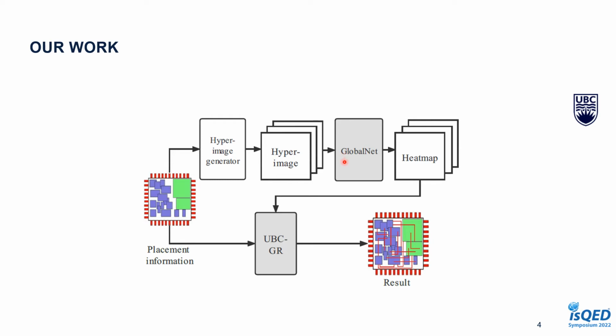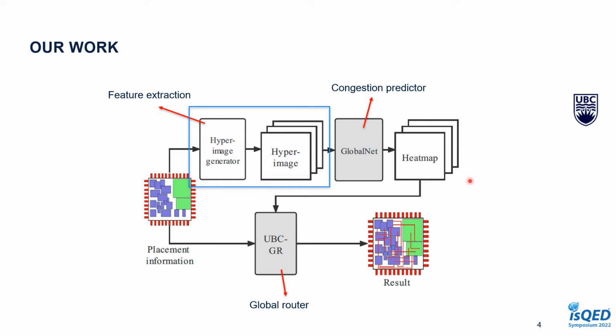And our proposed GlobalNet can predict the condition based on the hyperimage and generate some congestion heat maps, which describe the congestion level of a design. And our UBCGR can utilize this congestion heat map to get the routing results. Our contributions are mainly in 3 parts: 1, a feature extraction algorithm; 2, a congestion predictor; and 3, a global router.